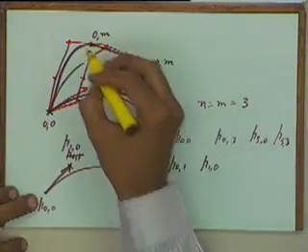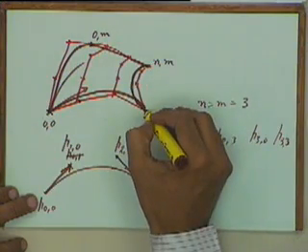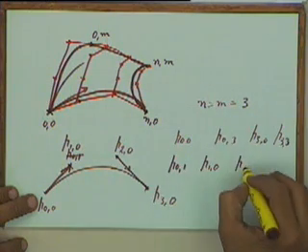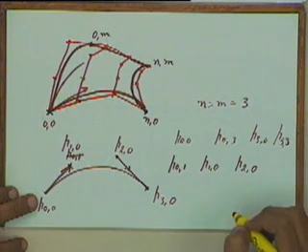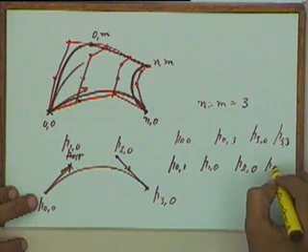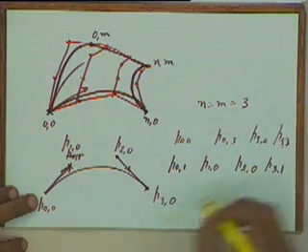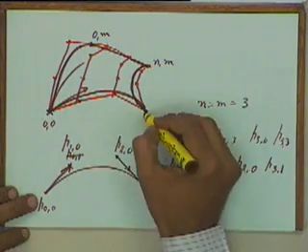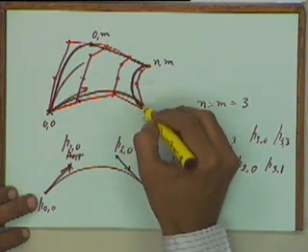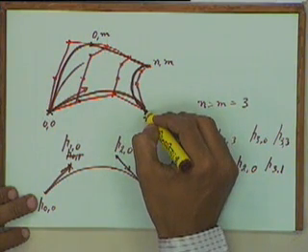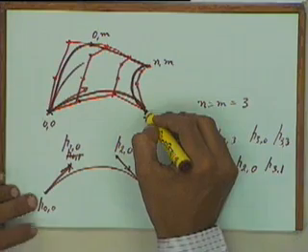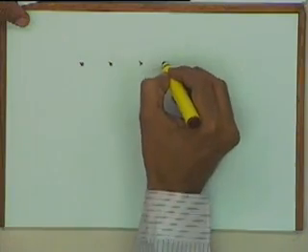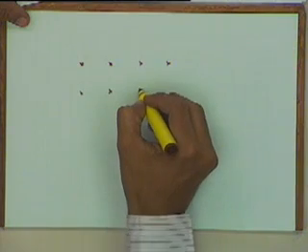Similarly, if I consider this point, we will get P20 and P31. These 2, in conjunction with point 30, will control the tangent vectors at this point. So if I consider, I will just draw a rectangular array.